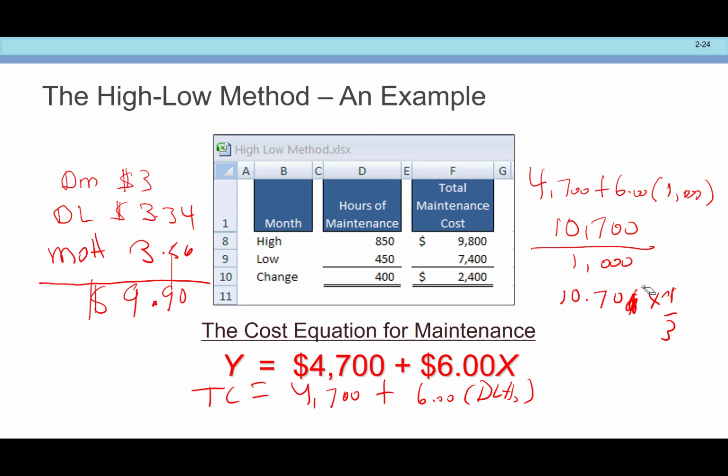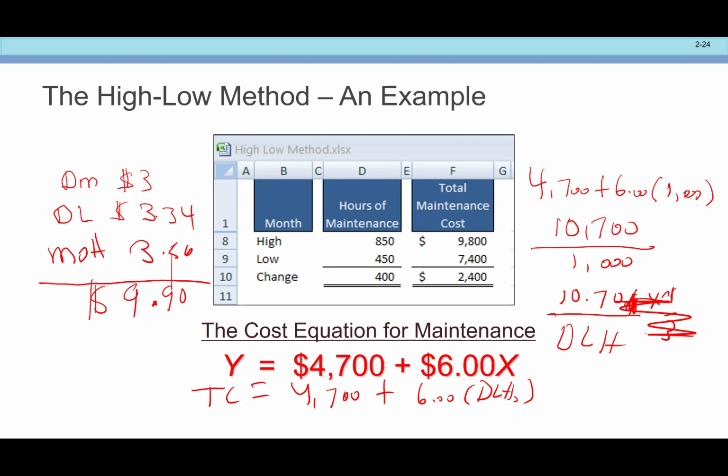Where is the confusion, guys? I'm seeing some looks there, and I'm seeing some doubts. What's the problem? Do you understand where we got the 4,700? Everybody. Do you understand where we got the $6? Do you understand that the 1,000 is an estimate of how many direct labor hours we're going to use next year?